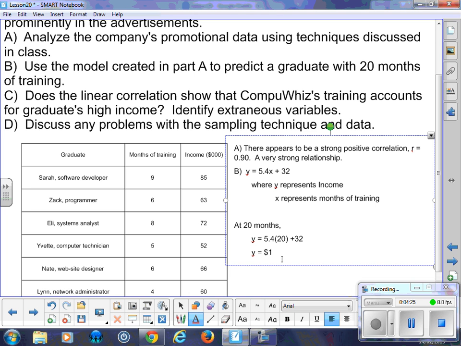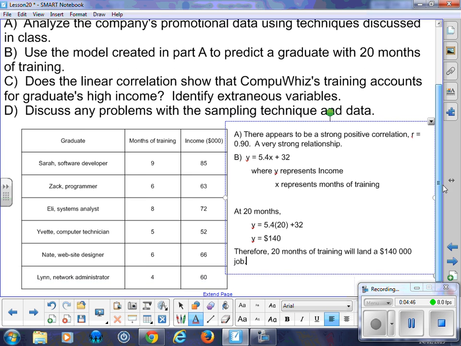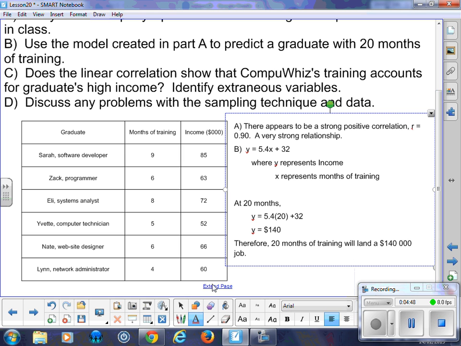So 140,000. So therefore, 20 months of training will land a $140,000 job. All right, well, everyone should go to this school because this school is bloody awesome. So that's all of question 1 and B.